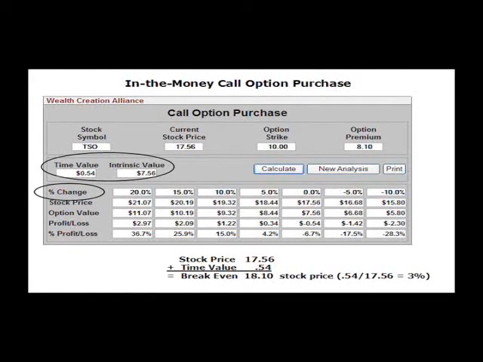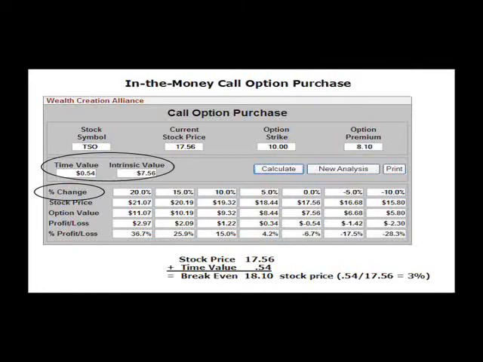The second row is labeled stock price and is the Tesoro stock price that corresponds to the percentage change listed on the row above. The option value row lists the value of the call option, which corresponds to the price of Tesoro stock. The rows labeled profit loss and percentage profit loss list the point profit or loss and the percentage profit or loss for the option.